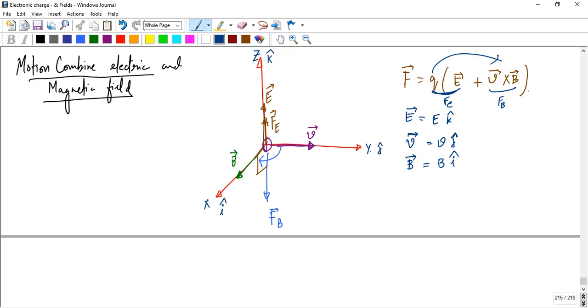Now I put these three into the force equation: F equals Q times E K cap plus V J cap cross B I cap.